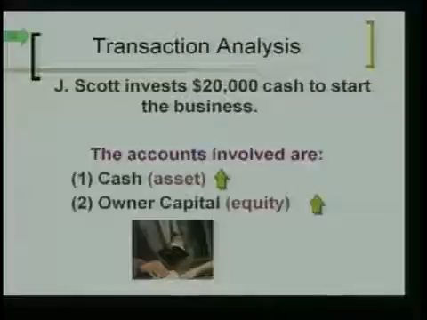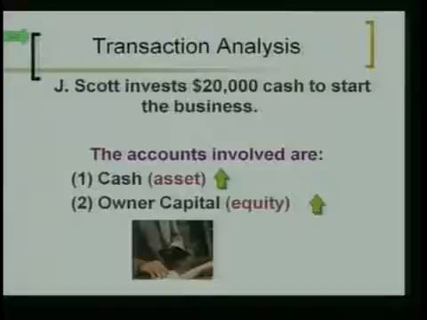But the two accounts that are going to be affected are cash is going to go up and owner's capital or owner's equity goes up. You with me? The capital account is where we keep track of that investment. So cash goes up by $20,000 and owner's capital goes up by $20,000.